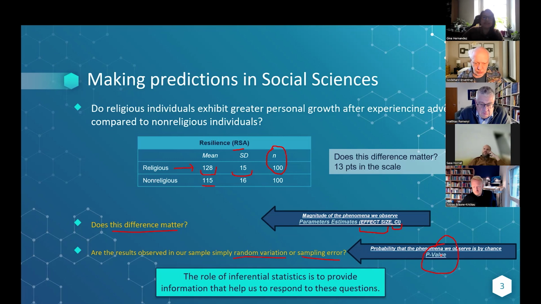But for knowing how strong is the effect, I need to calculate parameter estimates. This is the important part. So you need to take care of both in order to be able to predict properly using statistical analysis, and in order to answer the research questions that you are using quantitative data for.